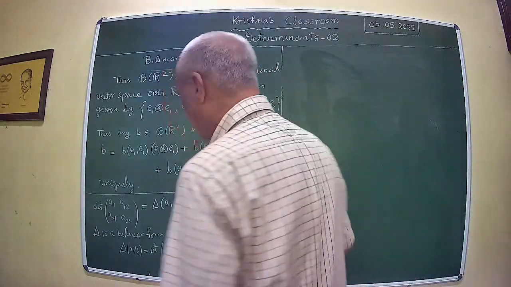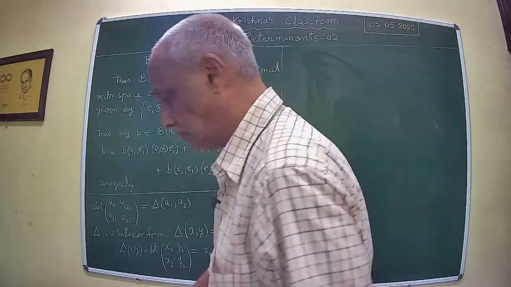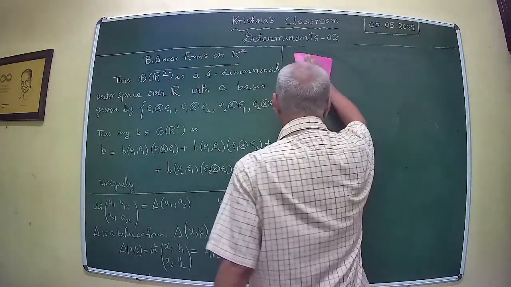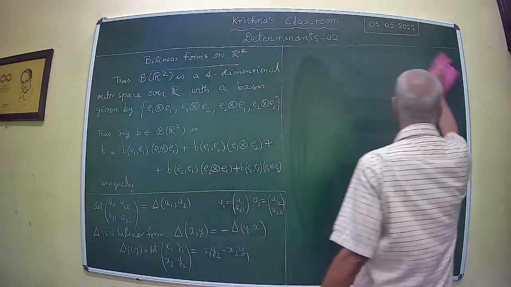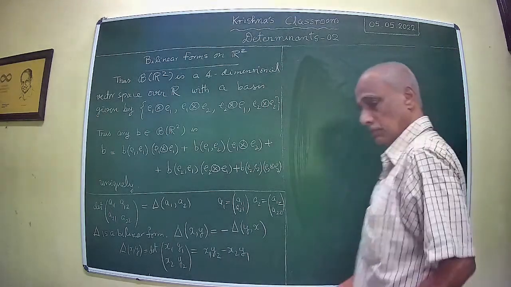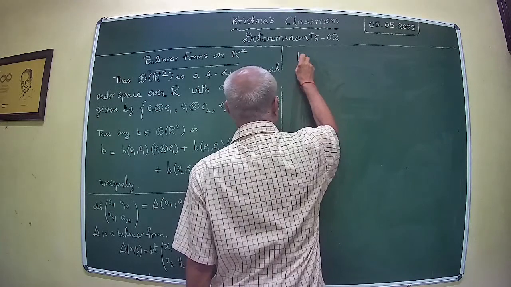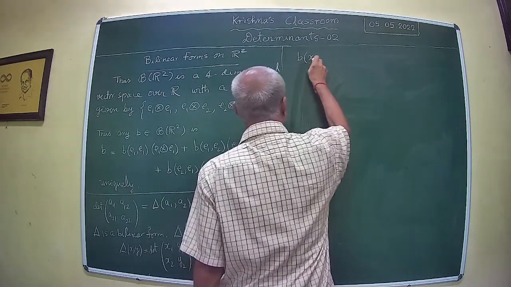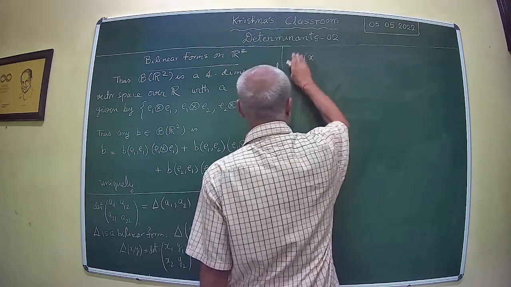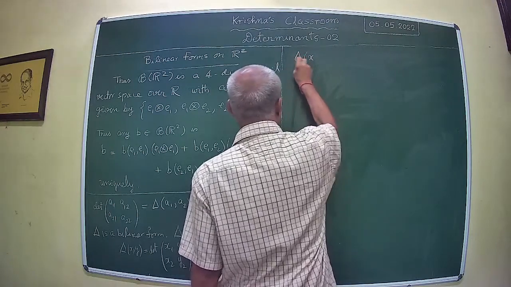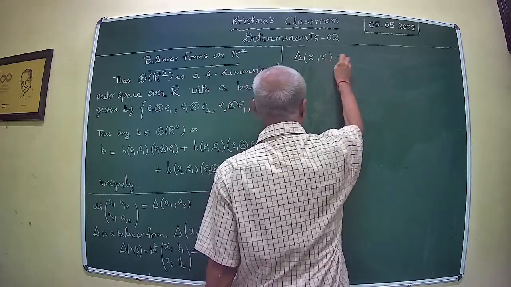Okay. Further, you can prove the following, that delta of xx equal to 0.